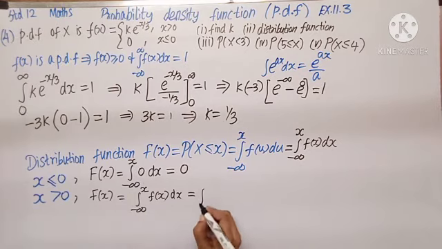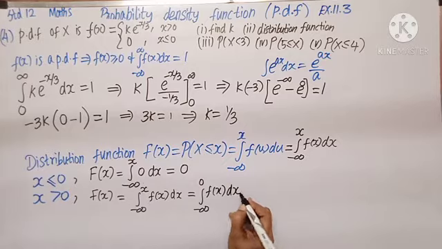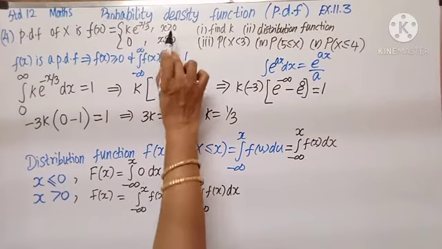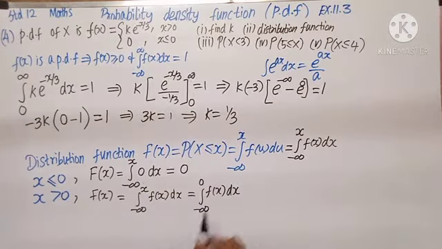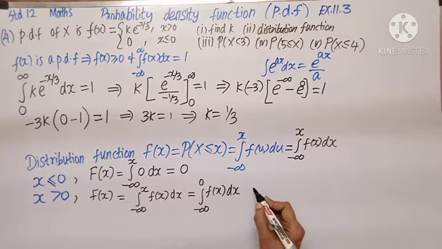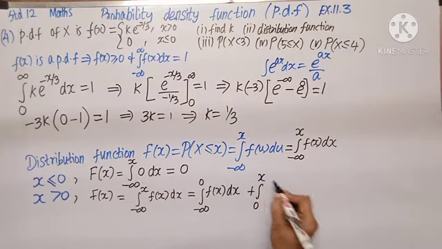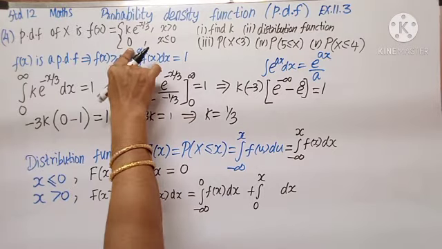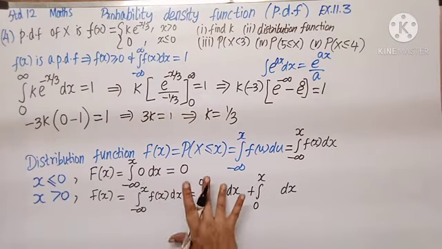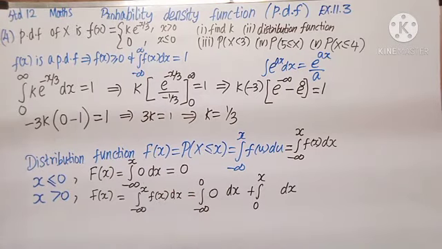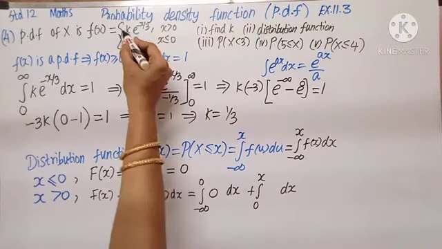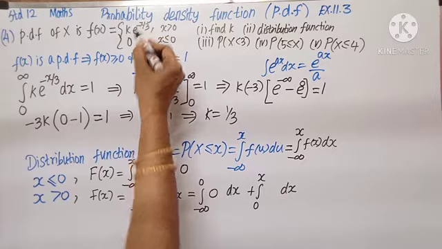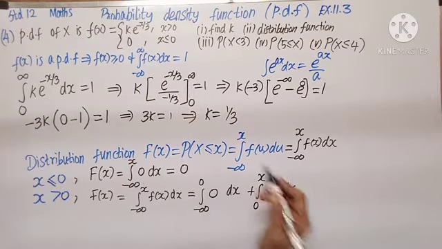So how will I split it? Minus infinity to 0, and 0 to x, because the function is nonzero above 0 only. In minus infinity to 0, my answer is 0. From 0 to x, above 0, the function is k e power minus x by 3. What is k?